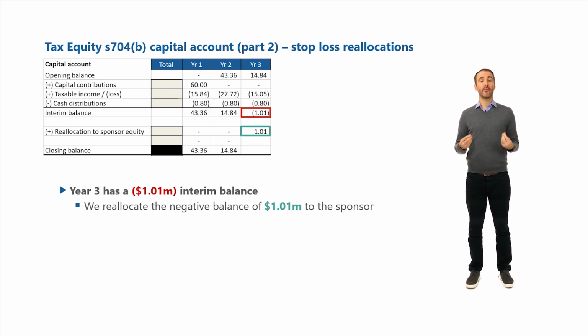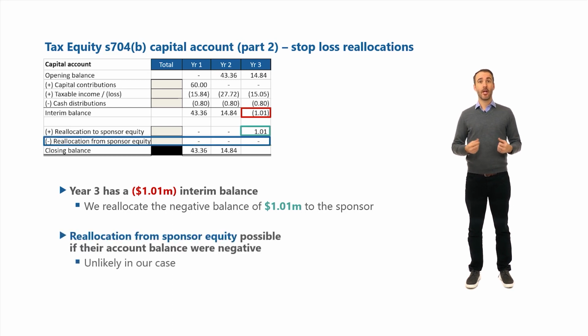And this is also often called a stop loss limitation, rather than the label we have here saying reallocation to sponsor equity. And immediately below this line, we have a reallocation from the sponsor equity line. If the sponsor 704B capital account went negative, the sponsor would reallocate losses back towards the tax equity partner.